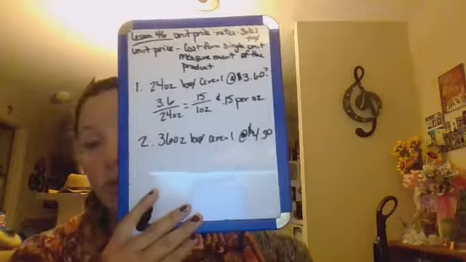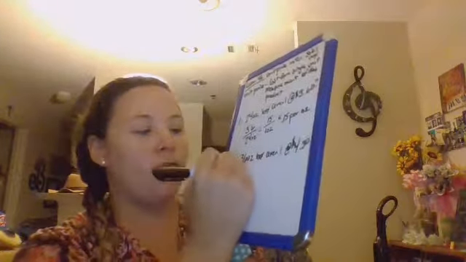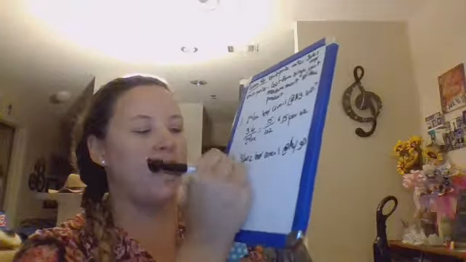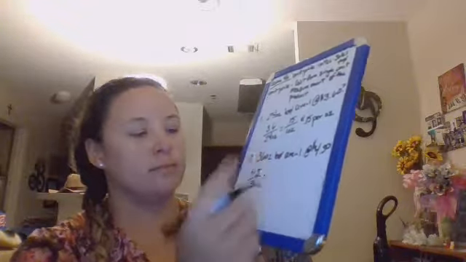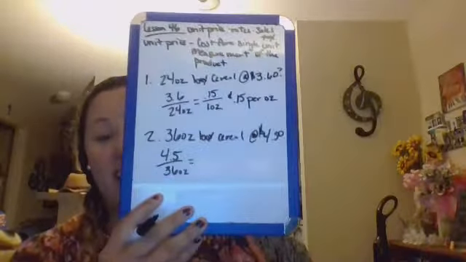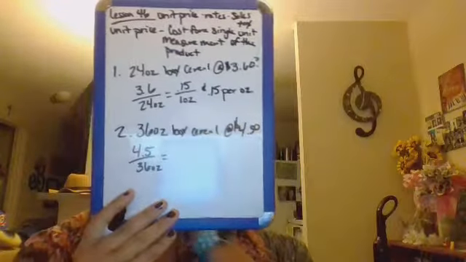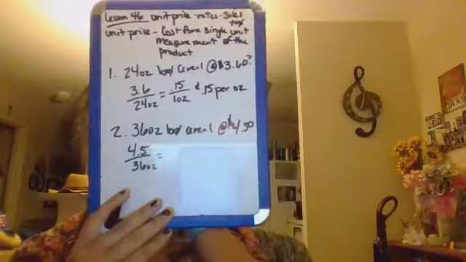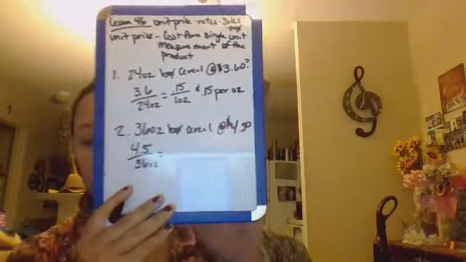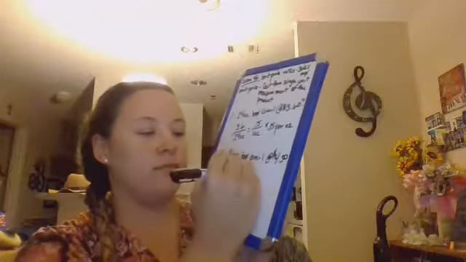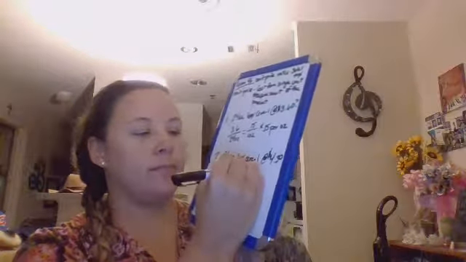Again, we take what we know and divide it. So 4.5 is going to be divided by 36 because it's $4 and 50 cents in the 36 ounces. We divide that out and we're going to get 0.125, and that is going to be per 1 ounce.